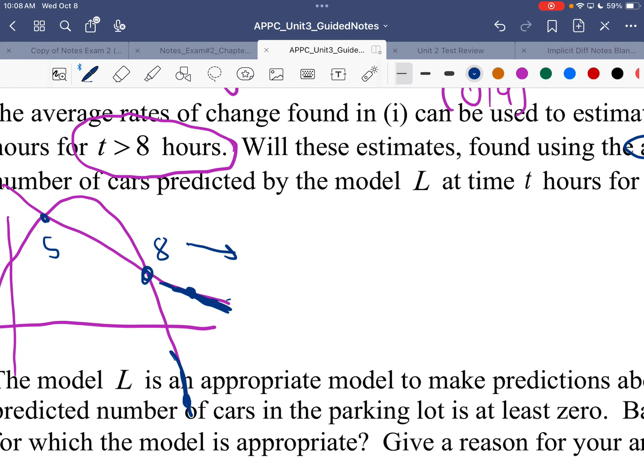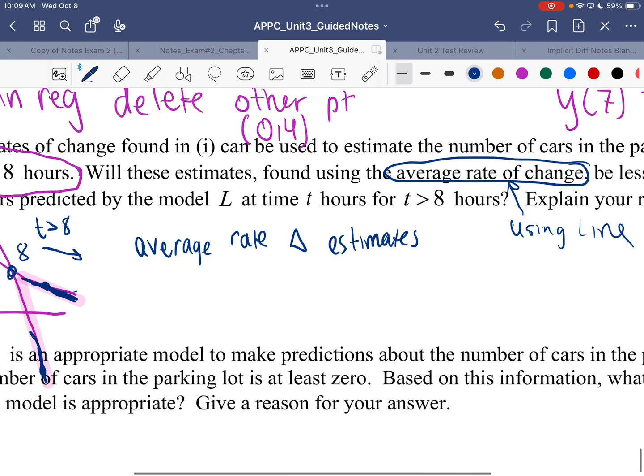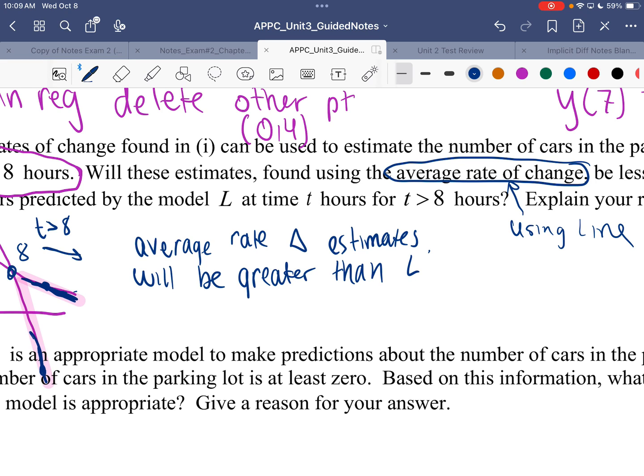When we're talking about where t is greater than 8, we're over here, bigger.